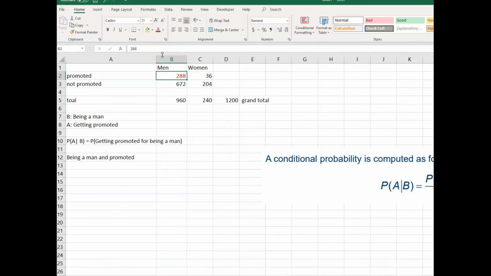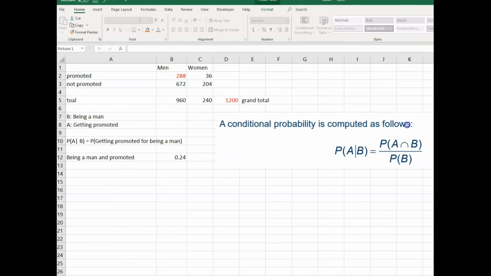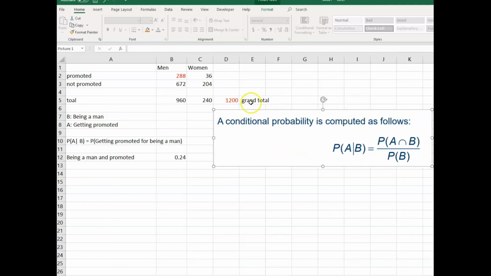If we calculate the ratio, the total is 1,200. So this equals 288 divided by 1,200. So we have 24% of men get promoted out of the total employees.